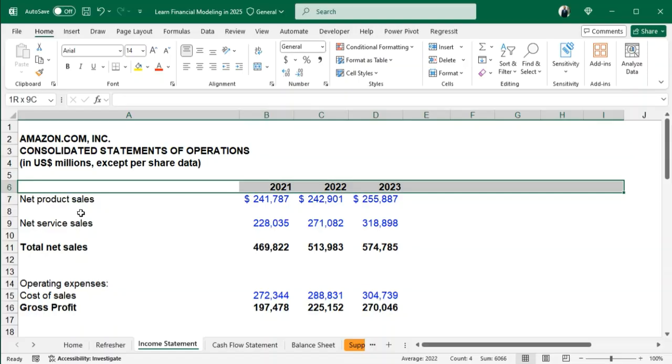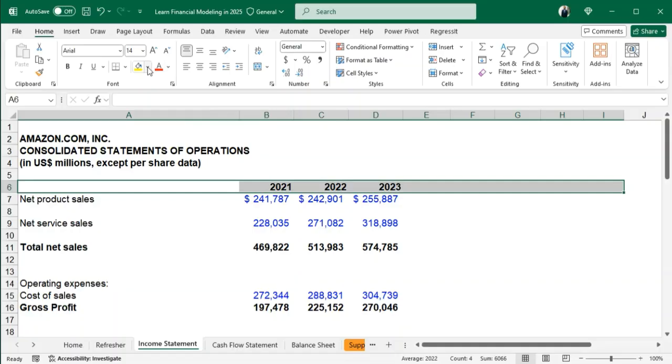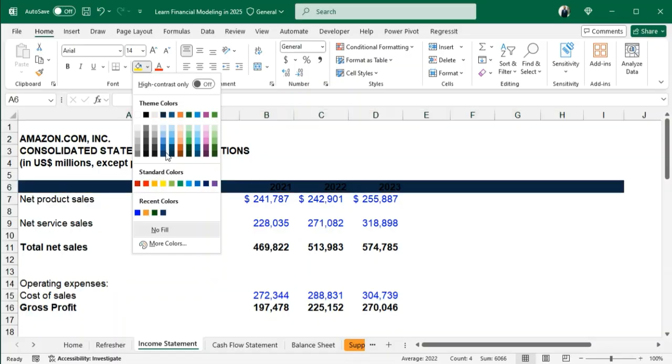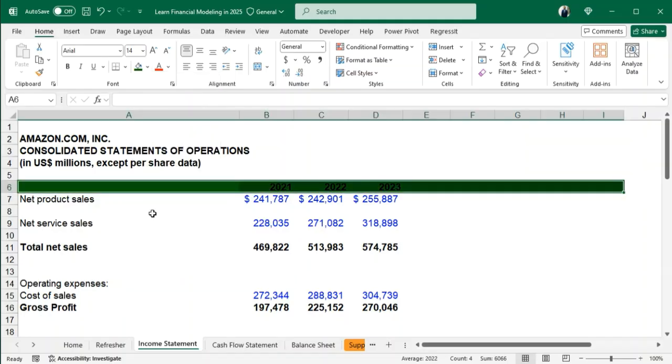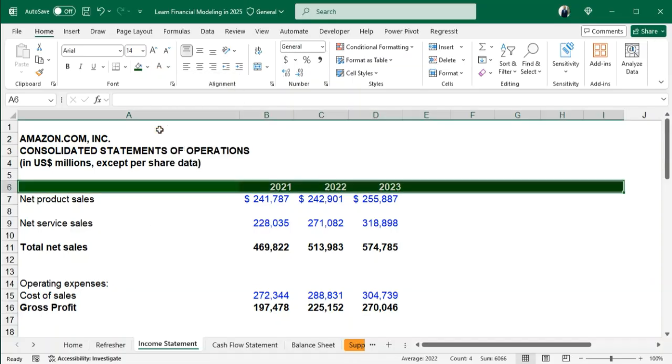So selecting my year row, I'm going to my font color here, and then I'm going to pick okay, sorry, this is not supposed to be font color, so I'm going to come to fill color, and I'm going to pick this particular green color here, and also change my font color to white.